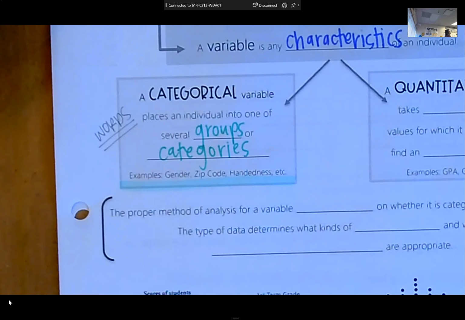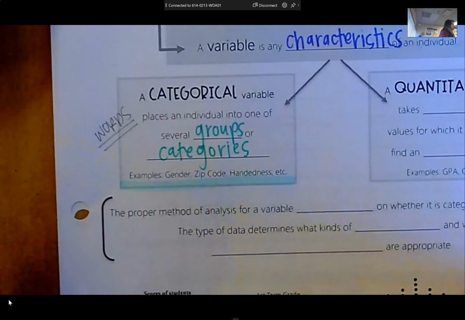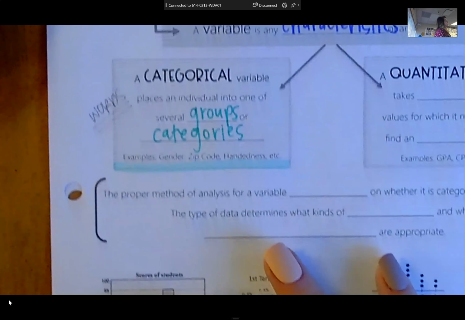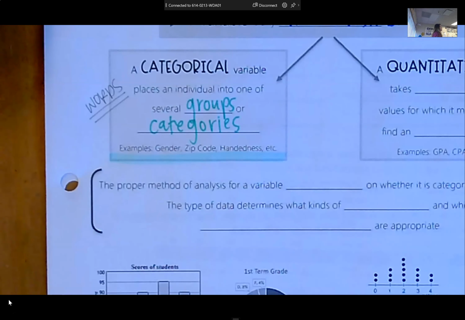You cannot find the average handedness, meaning left-handed or right-handed. And even though it seems like you could, you cannot find an average zip code. You can't find an average color. It just doesn't work. So categorical variables are words.